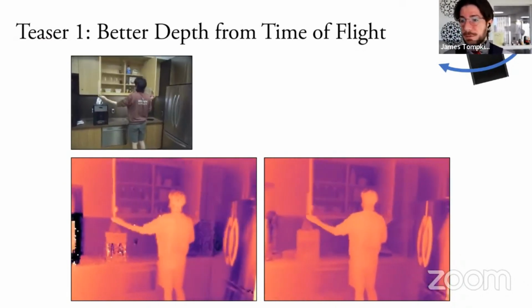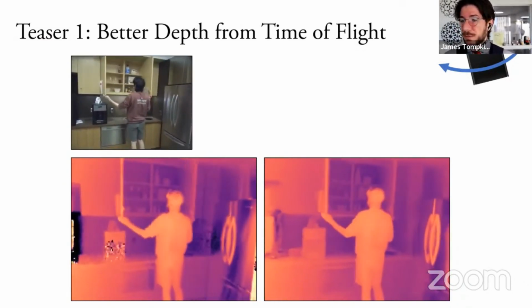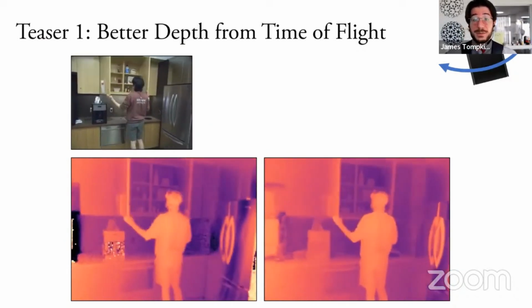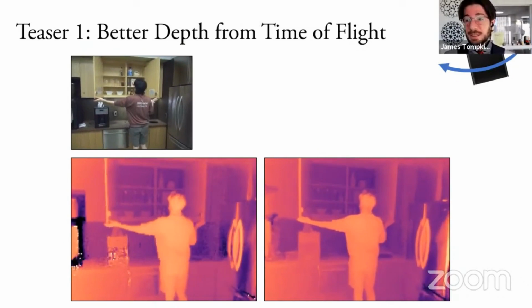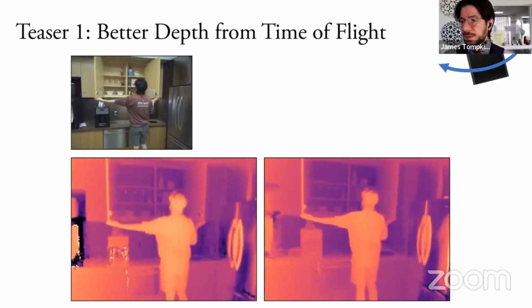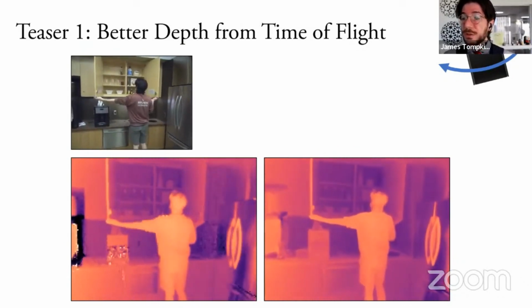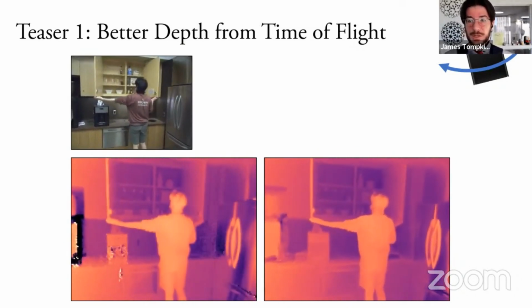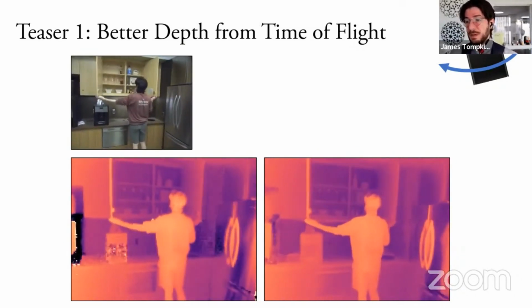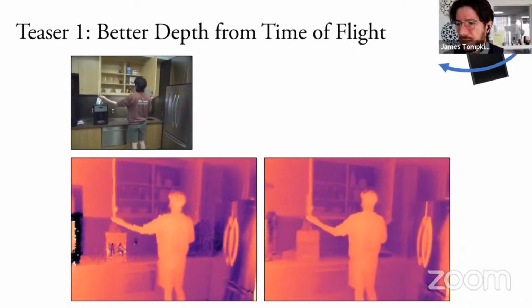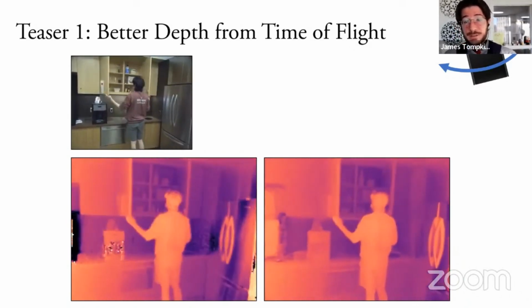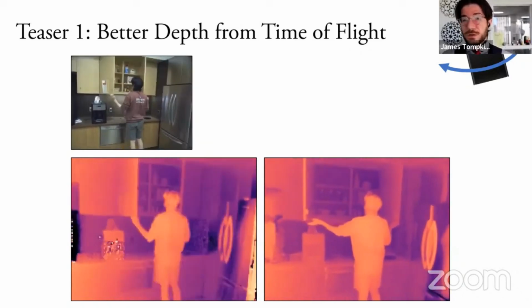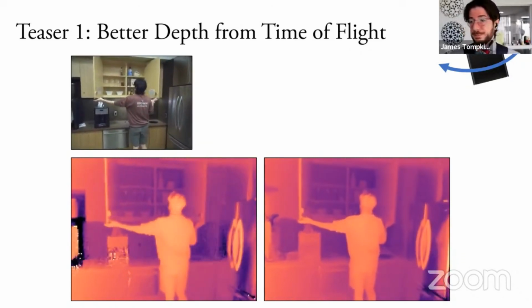On the top there, you have the visible light that's captured from an RGB and depth sensing system using a mechanism called time of flight, an active sensing. And today we're going to talk about how we can turn this data on the left, which is what gets spit out of the existing system, which has noise and artifacts, and get something that looks like the reconstruction on the right-hand side using these new neural field scene reconstruction techniques.